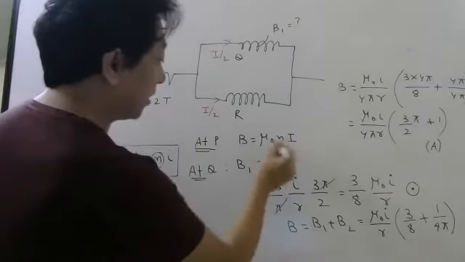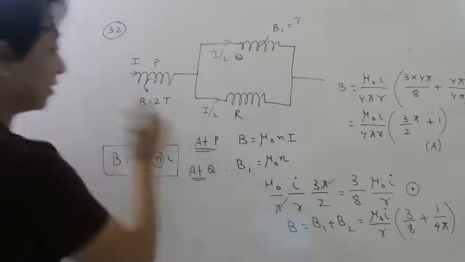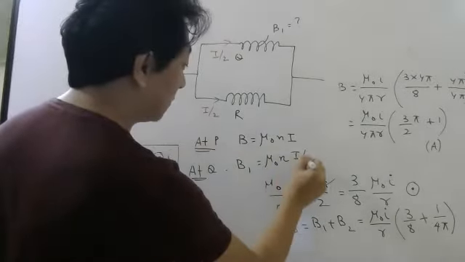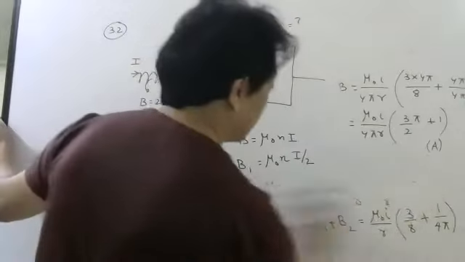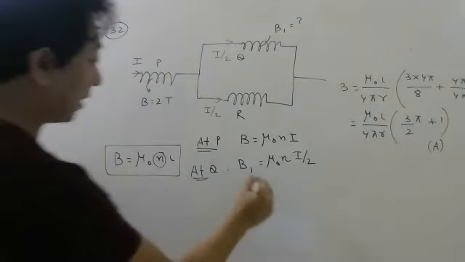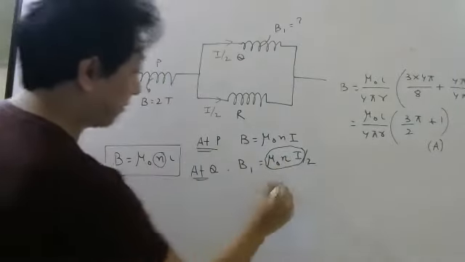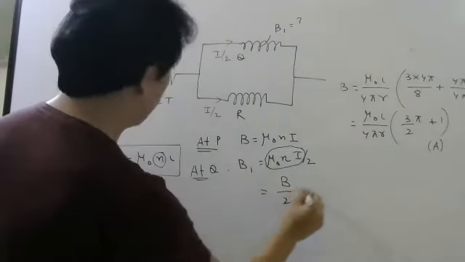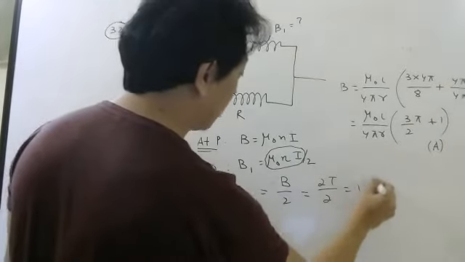So number of turns per unit length will be same. But current here will be half of this. So current will be half at Q. So if current is half, this numerator is nothing but magnetic field at P divided by 2. So here it was given 2 Tesla. So it will be 1 Tesla.